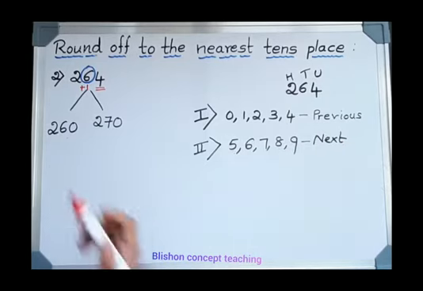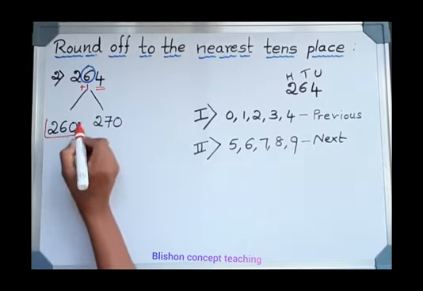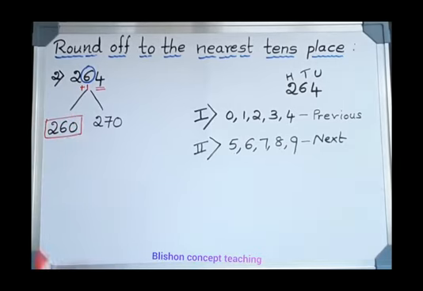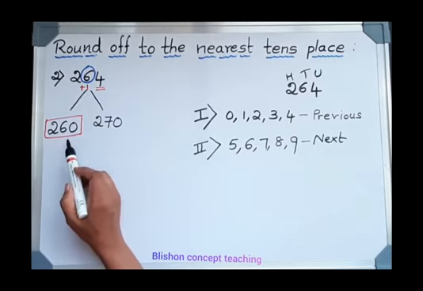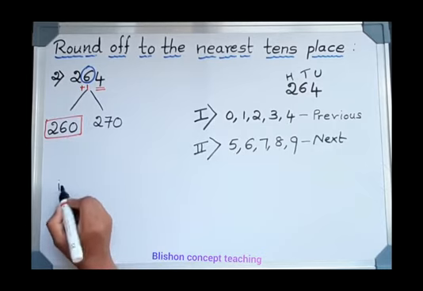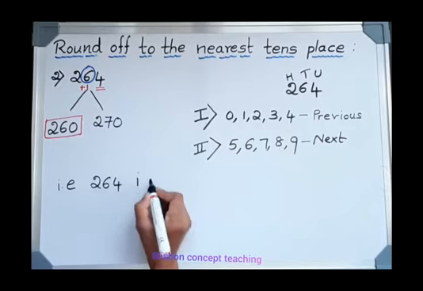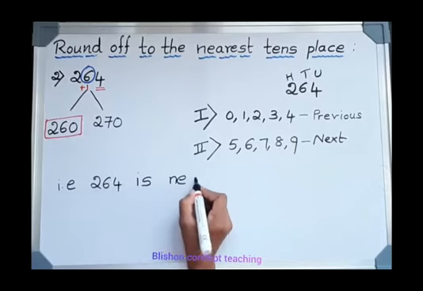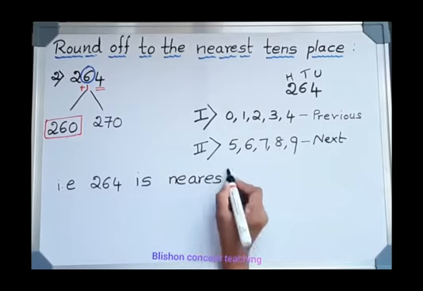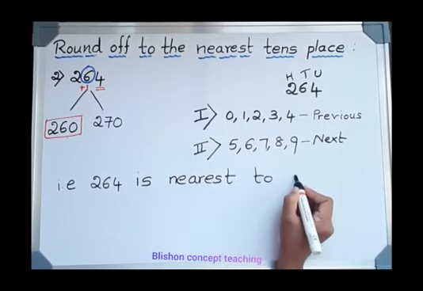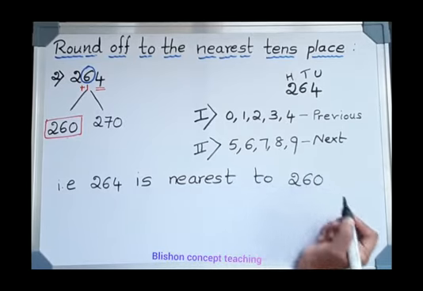That is 260. It means 264 is nearest to 260.